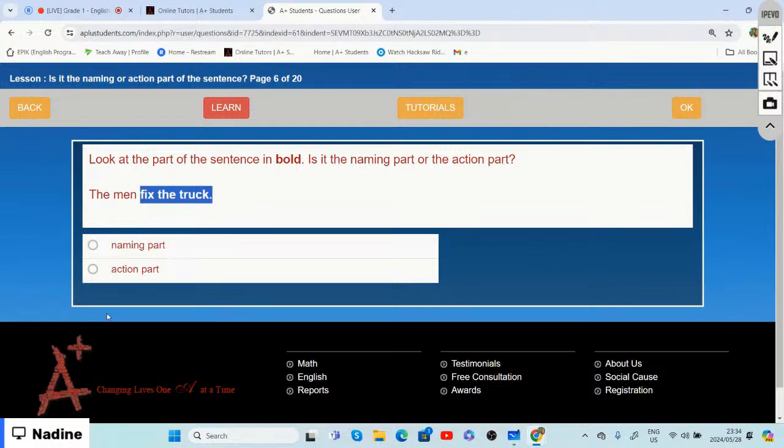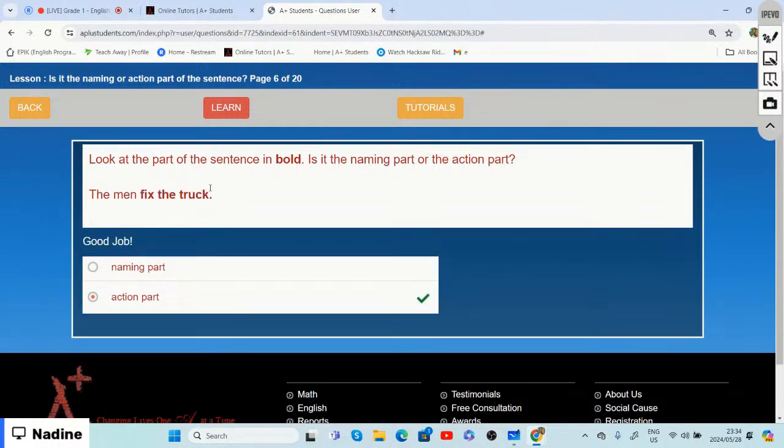And fix the truck basically tells us what the men are doing. So that is an action part. It tells us what the men are doing.